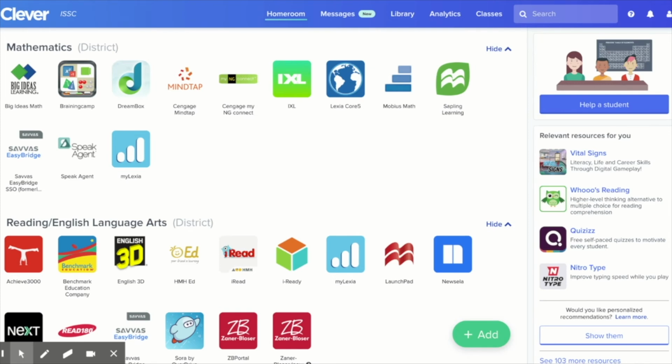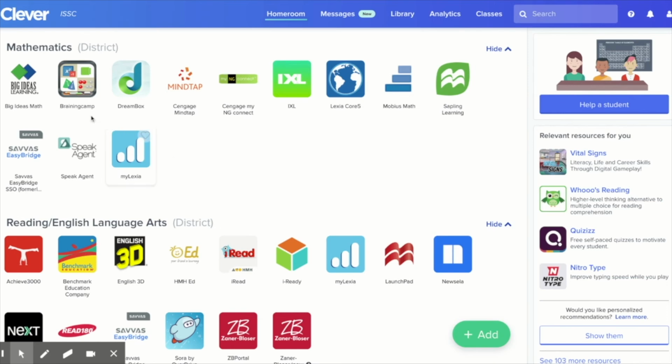In order for your child to sign in through Clever, they just have to sign in with their ID and their password, just as they would log on to their Chromebook or their email, just as your students have been using Google Classroom this year, or anything else that your child's teacher has asked them to sign on to. In Clever, there's a bunch of different resources that are paid for by the county.